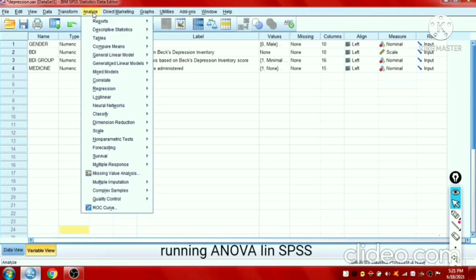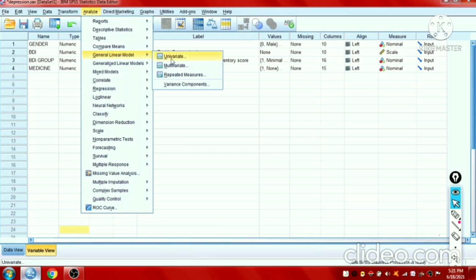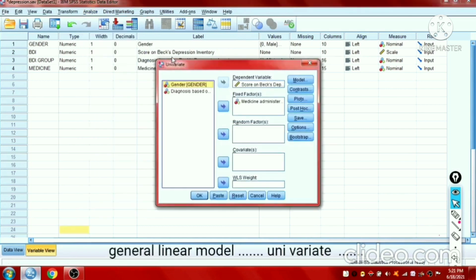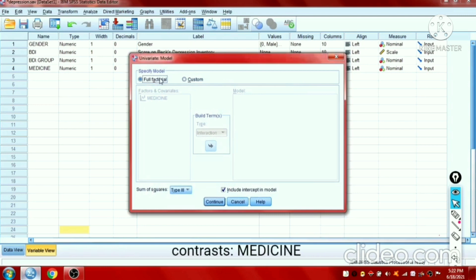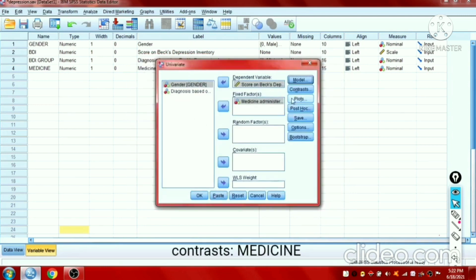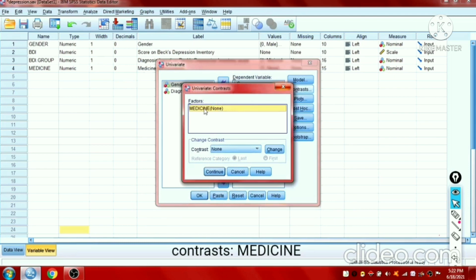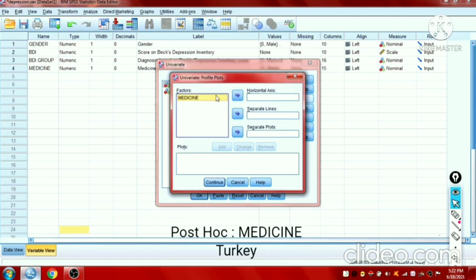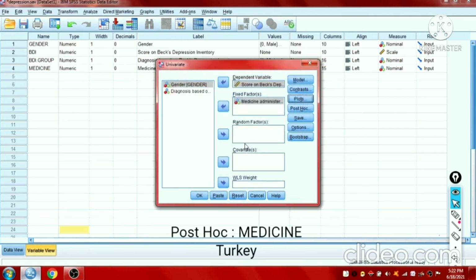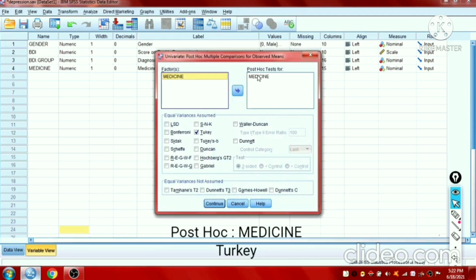Running ANOVA in SPSS. General linear model, univariate, dependent variable, BDI score, fixed factors, medicine administered, contrast, medicine, post hoc, medicine, and Tukey.